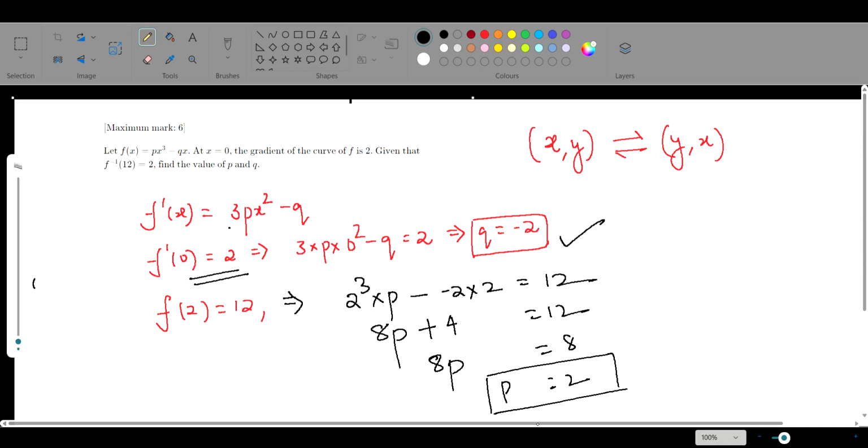Okay. 8p plus 4 is 12. Yeah? 8p is 8. P is 1. Oh, yeah. Okay.